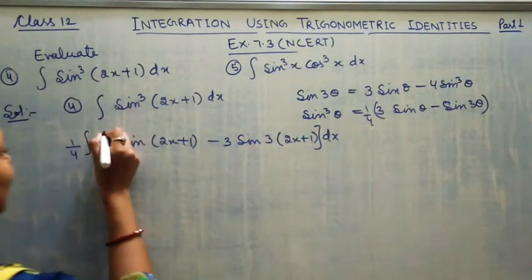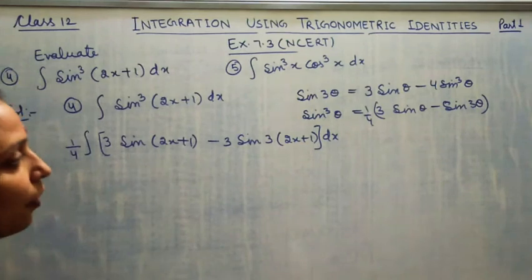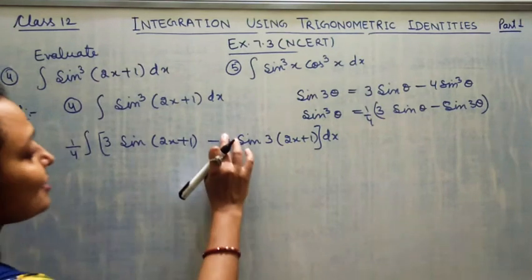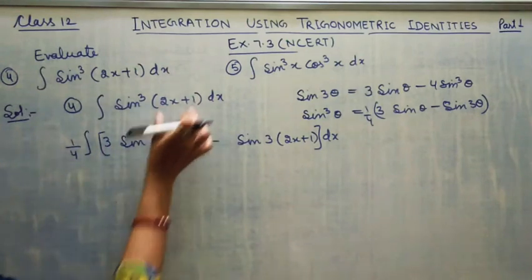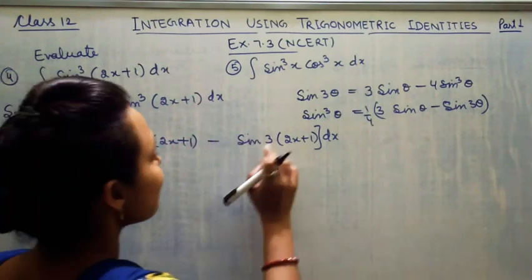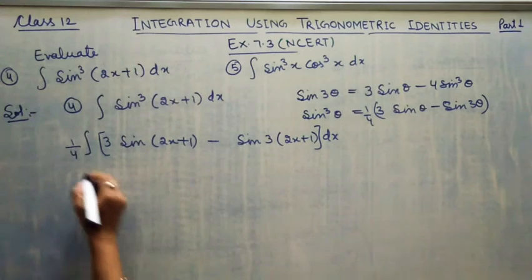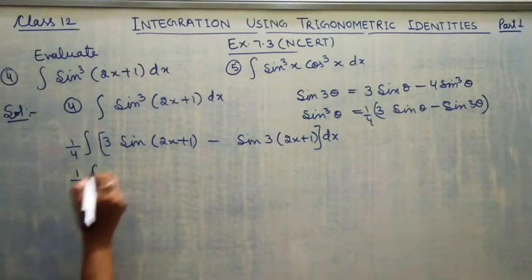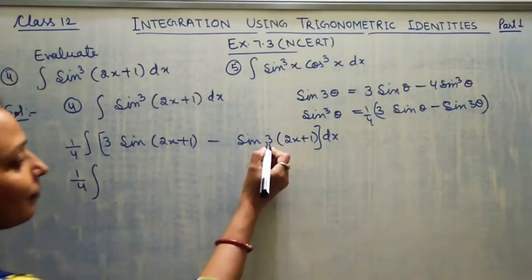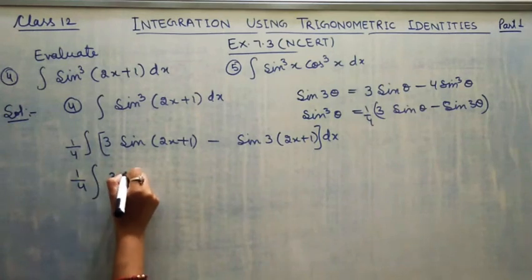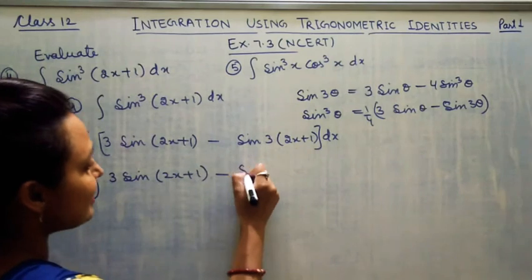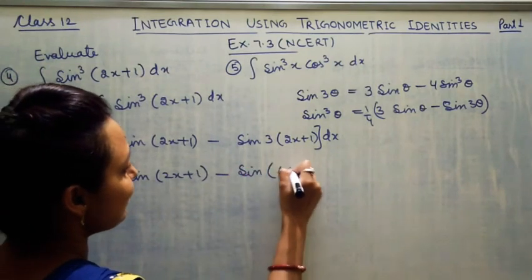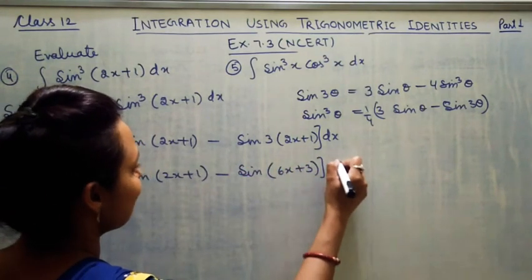So this is the way to apply the formula. 3 sin theta minus sin 3 theta. Okay, now I will apply the integration. Before applying integration, I will multiply this: 3 sin(2x plus 1) minus sin(6x plus 3) dx.